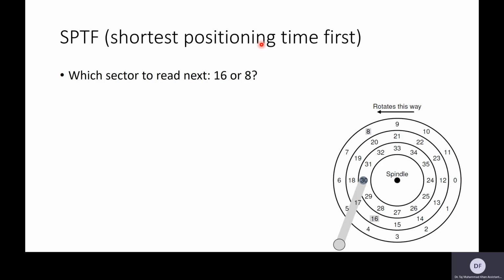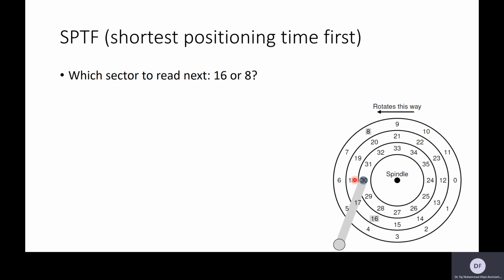Okay, because here for sector number 8, we have a larger seek time but lower rotation time. But for sector number 16, we have a smaller seek time but a large rotation time, because 16 will take a large time to rotate from here to here.